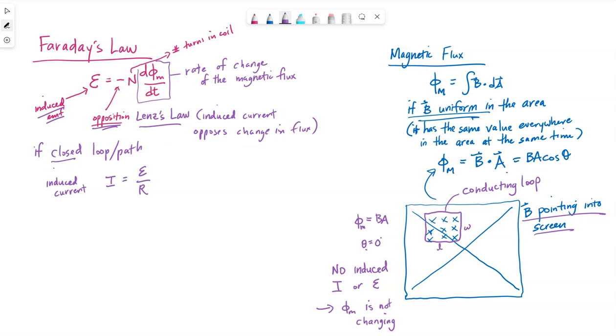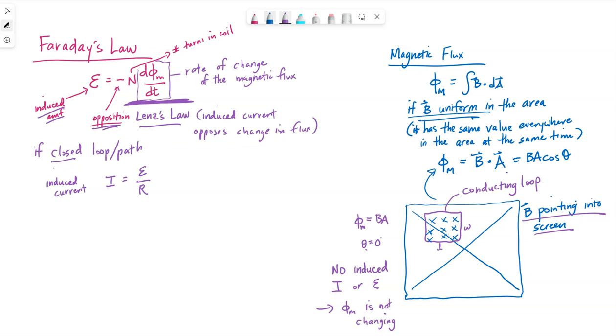So there is flux. There's totally magnetic flux through that loop. But according to Faraday's law over here on the left, this flux needs to change as time goes on. So it needs to change somehow in order to get an induced voltage. There's multiple ways that can happen.